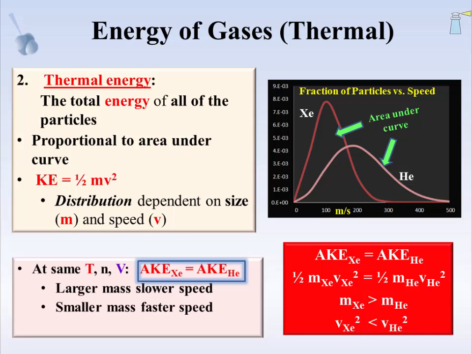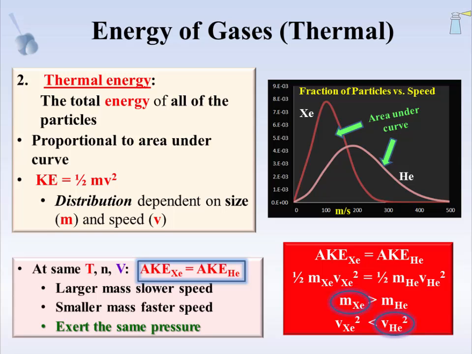They have the same average kinetic energy, but one does it by being heavier, xenon, and the other by being faster, helium. Because they have equivalent AKEs, they exert the same force on the container and therefore produce the same pressure.